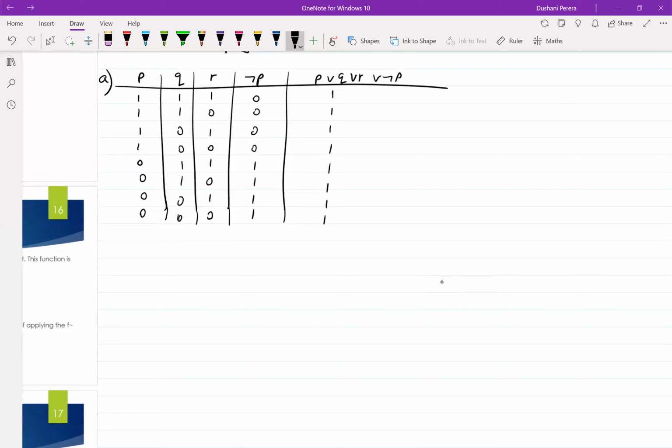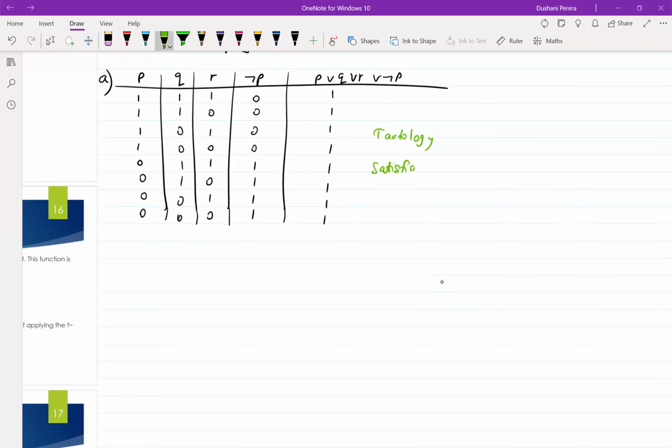You will be able to see that each input combination gives you 1. So this is going to be true in all the cases. Therefore, this is going to be a tautology. At the same time, we say this is satisfiable.